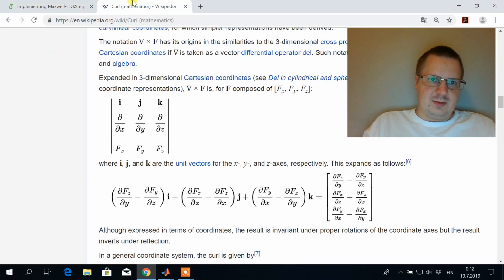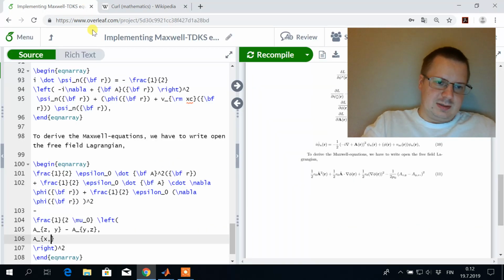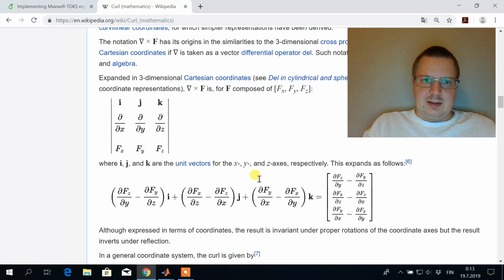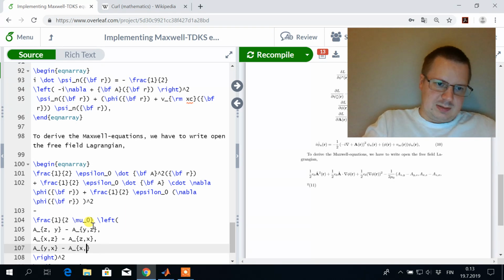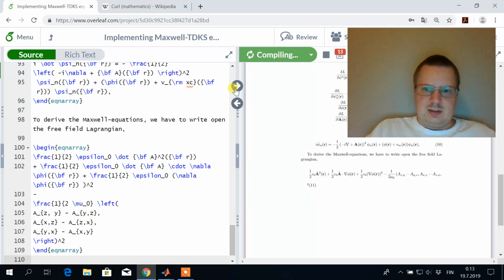This was one of the components of the vector. Then A x comma z minus A z comma x, and then A y comma x minus A x comma y. Okay.